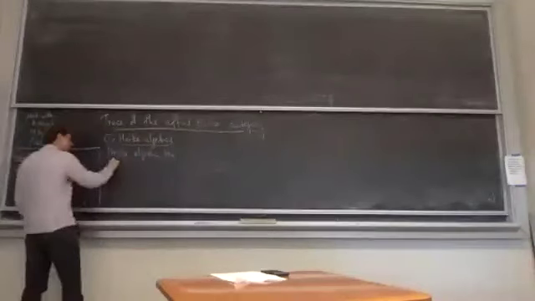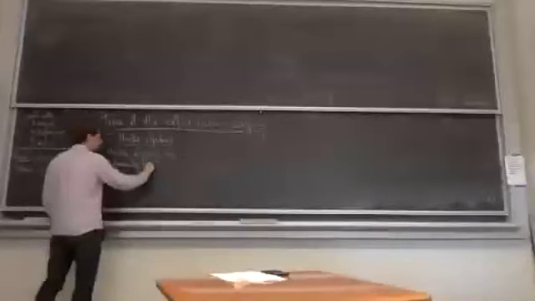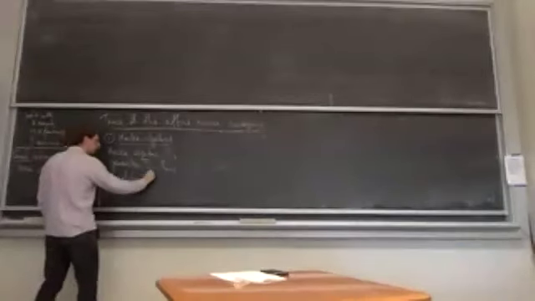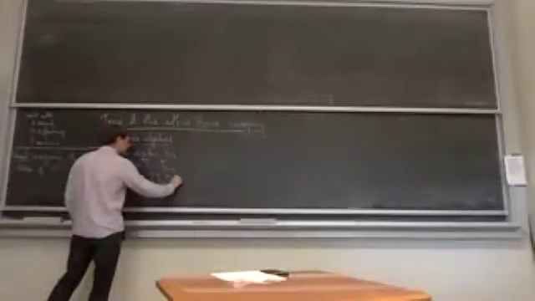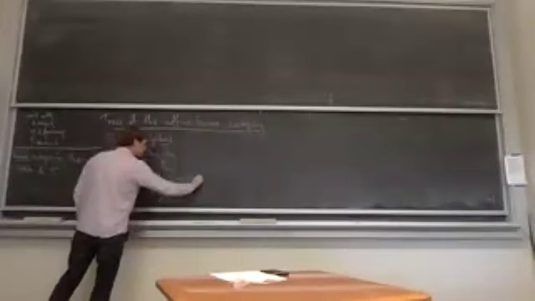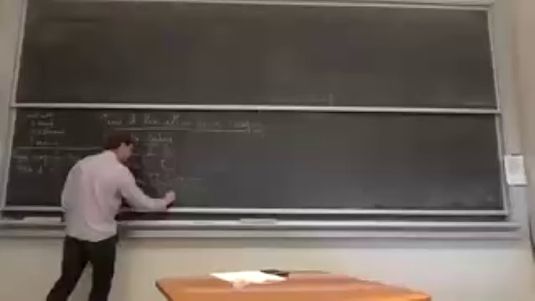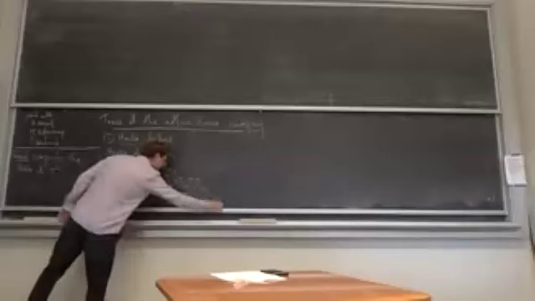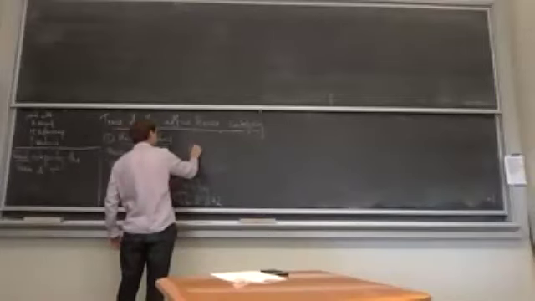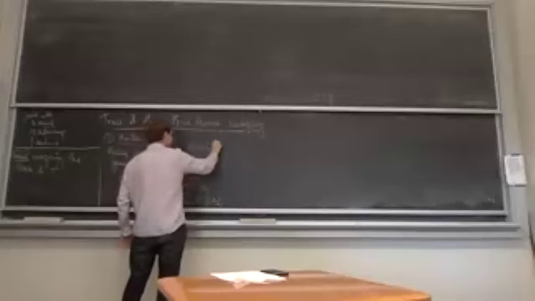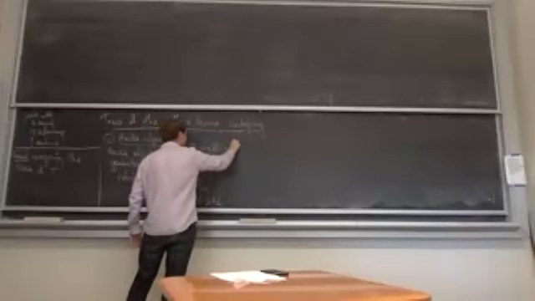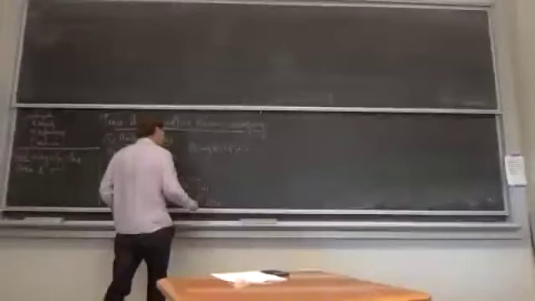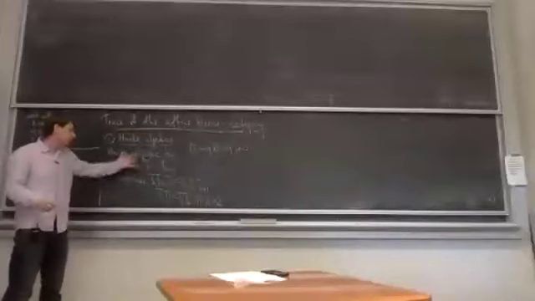I have generators T1 through Tn-1 and relations: Ti Ti+1 Ti is Ti+1 Ti Ti+1; Ti Tj is equal to Tj Ti if i and j are apart; and the quadratic relation, which I think I want to be (Ti minus q)(Ti plus q inverse) equal to 0. And so that's an algebra given by generators and relations.